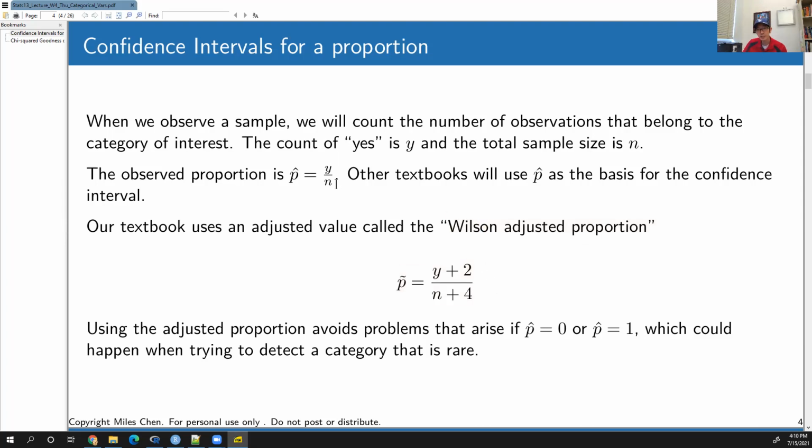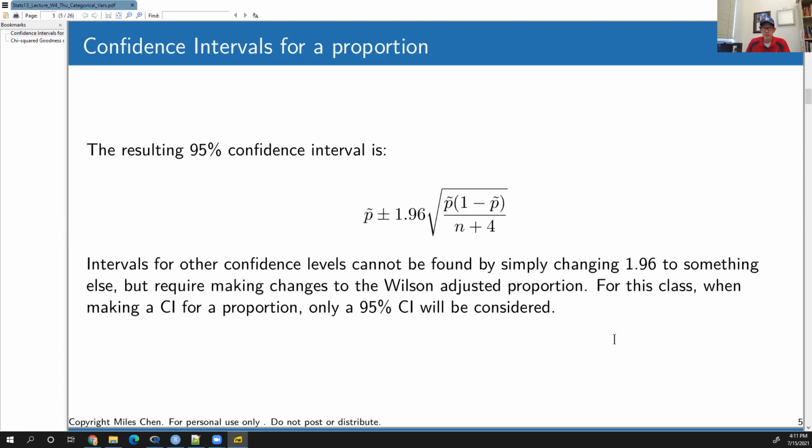And if you pick up another textbook, you might see this differently. Our textbook does this, and the purpose of using this adjusted proportion is that it avoids issues where you might have a proportion of 0 or a proportion of 1. With this adjusted proportion, you'll never get a proportion of 0 and you'll never get a proportion of 1.